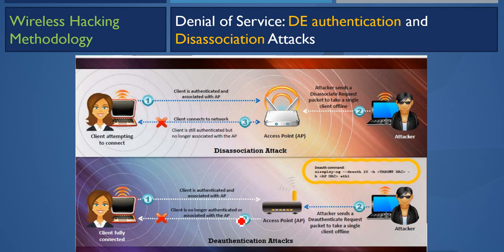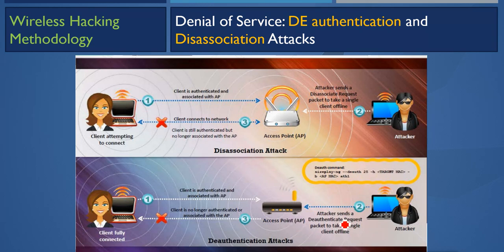Deauthentication attack means the client first connects to the AP. It is connected now. Then the attacker sends a deauthentication request packet to take a single client off, or it can deauthenticate all the clients.